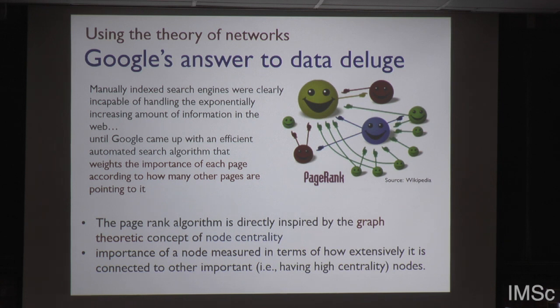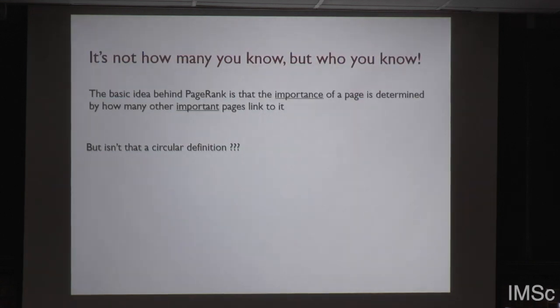Okay? And the particular node centrality measure that the Google PageRank algorithm was based upon was the concept of eigenvector centrality. Okay? Now you might ask, well, how do you get around this circular definition? Because essentially you are saying that the importance of a page is determined by how many other important pages link to it. But the whole concept of importance then becomes defined in a circular manner. Okay?